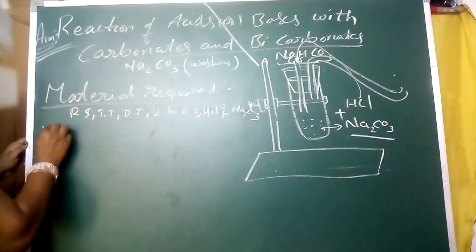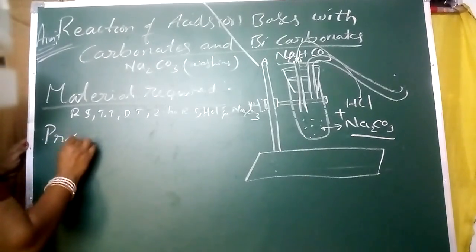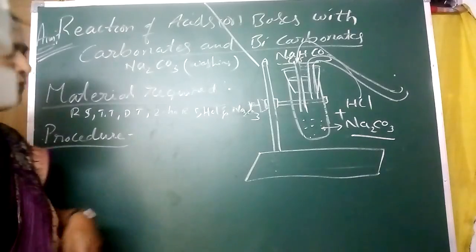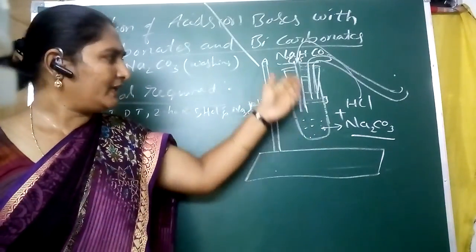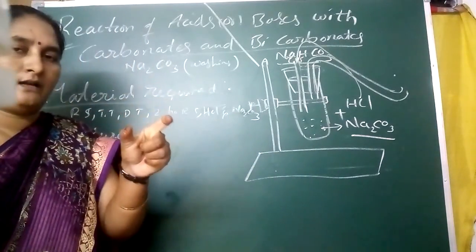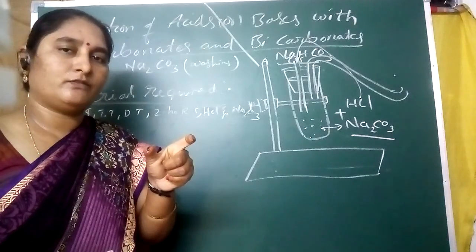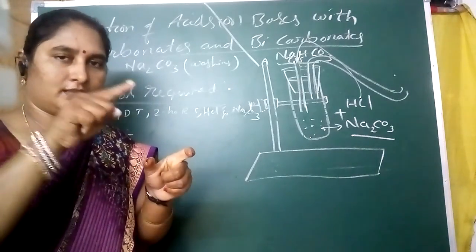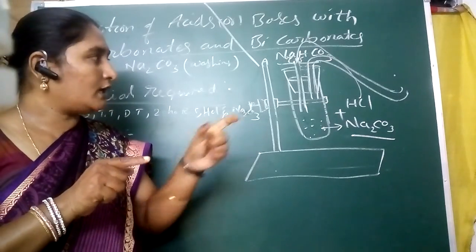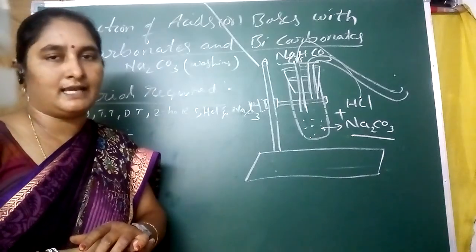Then after that, the method or procedure. What is the procedure you have to write? Here procedure means what you are doing now. By the diagram you can write it very simply. I took one test tube, fixed it with one retort stand and fitted it with a two-holed rubber stopper, and through one hole of the rubber stopper I introduced a thistle funnel for adding the HCl.